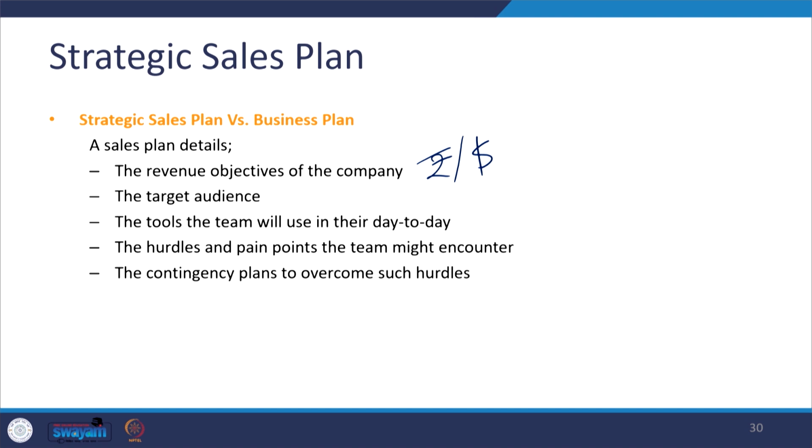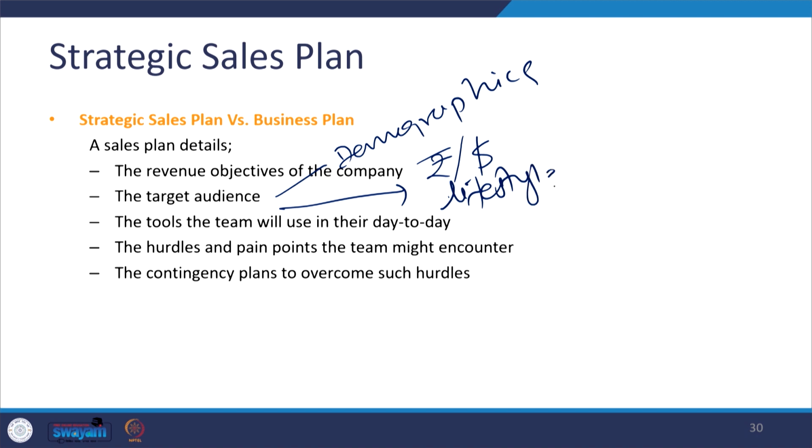The target audience, that again may be based on demographics, then maybe based on lifestyle, and then it also lists the tools the team will use in their day to day activities, like which kind of CRM software a particular team will use, the hurdles and pain points the team might encounter while performing these activities, and then the contingency plans. It's most important to overcome such hurdles that they will face in future.